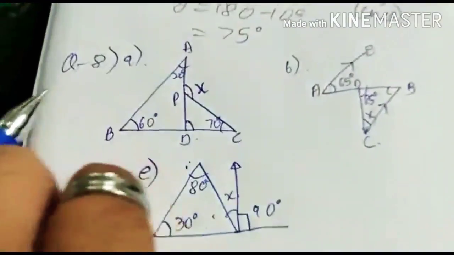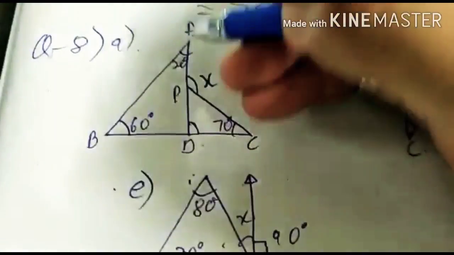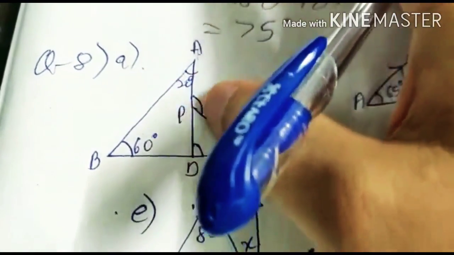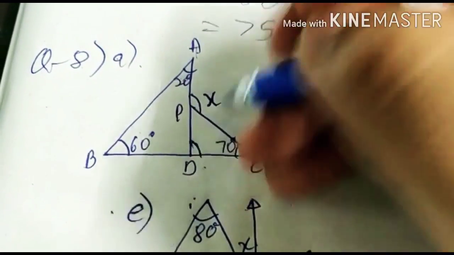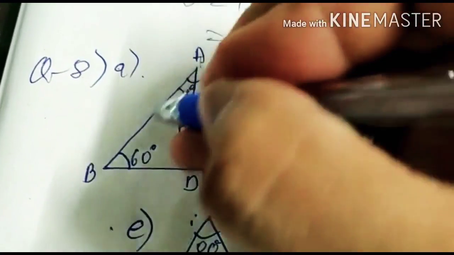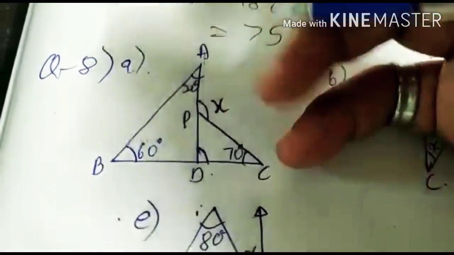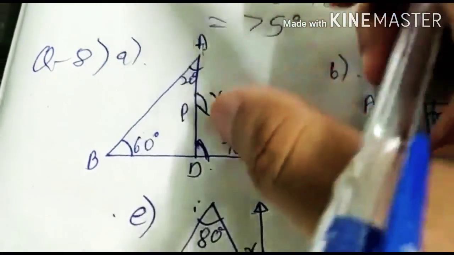So finding the value of this angle D, if we hide this portion, this angle ADC means this one is the exterior angle to triangle ABD. Look, this is a triangle and we have extended this line, so angle D outside is forming the exterior angle.